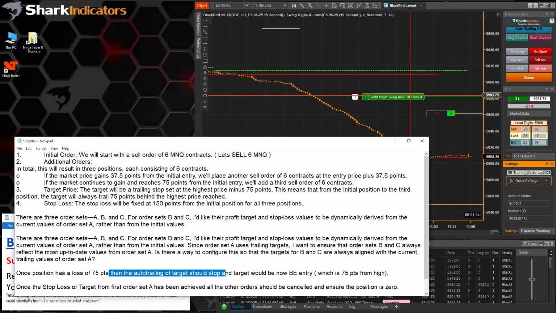Right now, the profit targets are continuing to trail here. Okay, so we need to make one more adjustment here. Oh, actually, it says it's going to be a break even.